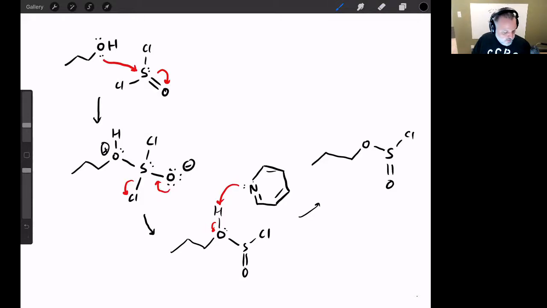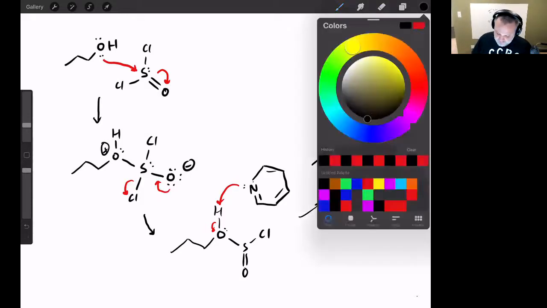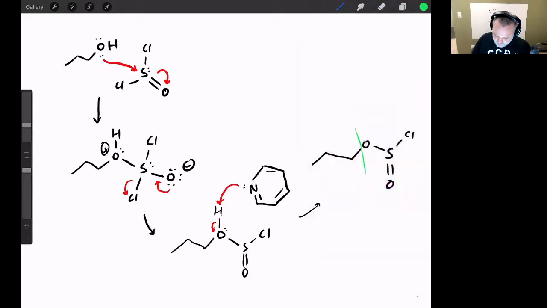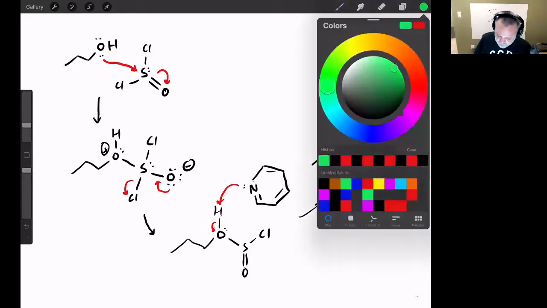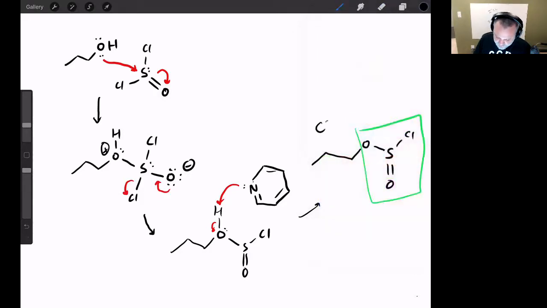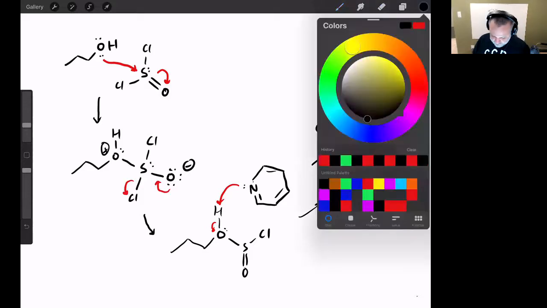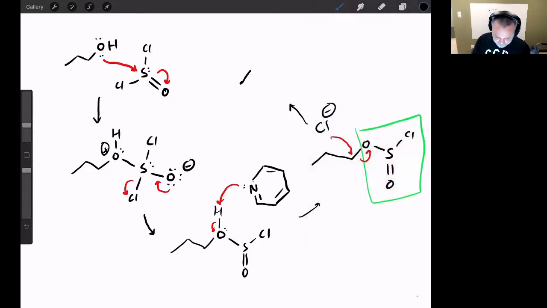Okay, so this structure here is a good leaving group. And so now that chlorine, or the chloride that we had around here before, is now able to do nucleophilic attack, kick off this group here, and that's where I get my products.